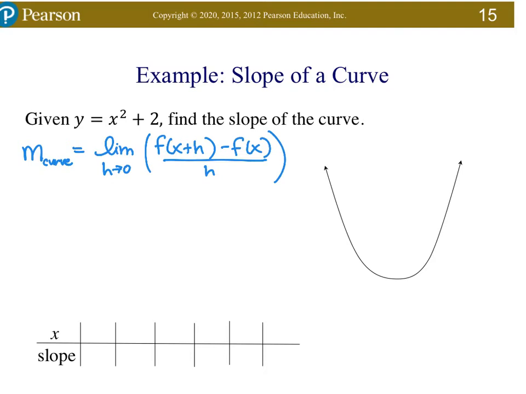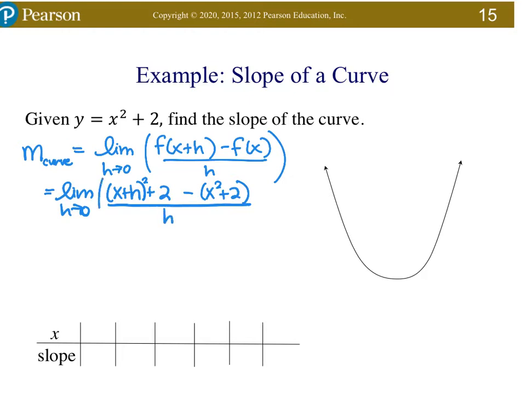And so we'll substitute in, just like we were doing before, x plus h in parentheses into the equation, and then just x. So we will get parentheses x plus h in parentheses squared plus 2, and then minus the other equation, which is just x squared plus 2, all over h, with parentheses around the whole thing.